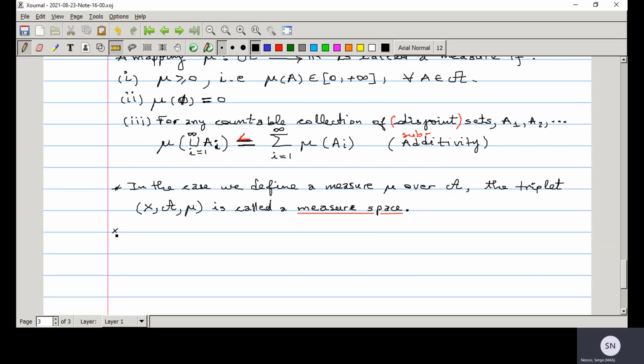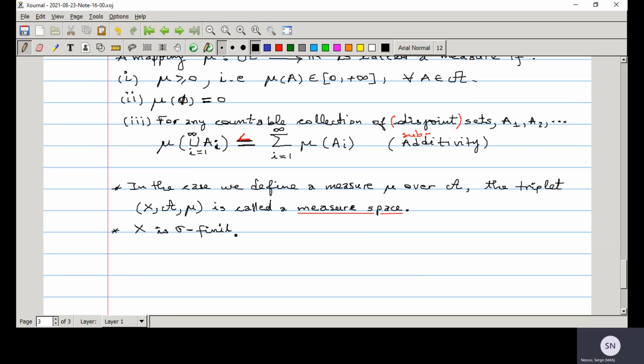Now, the space X itself, or the set X, is called sigma finite. X is sigma finite if, remember the terminology sigma.